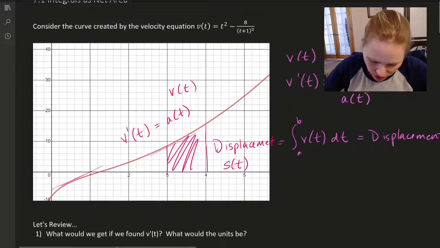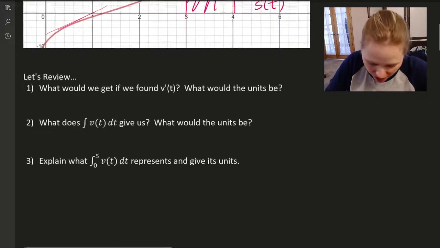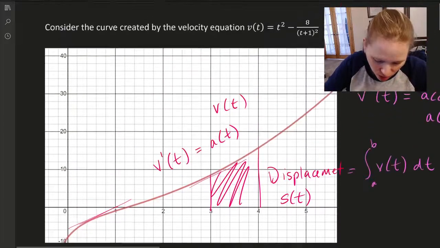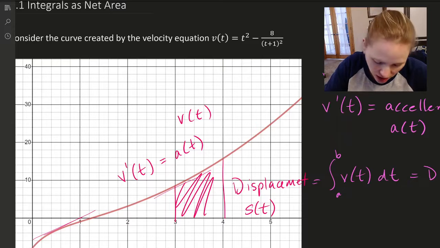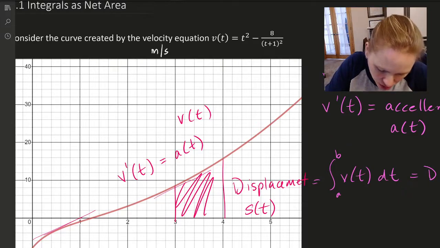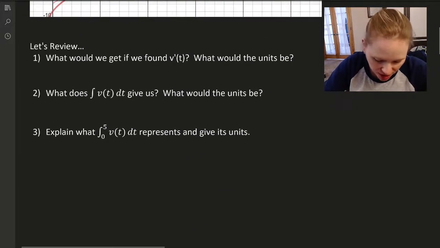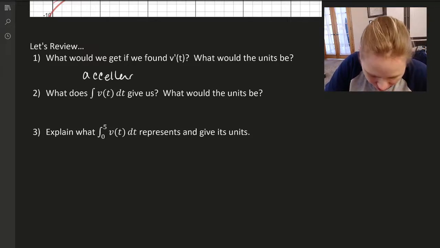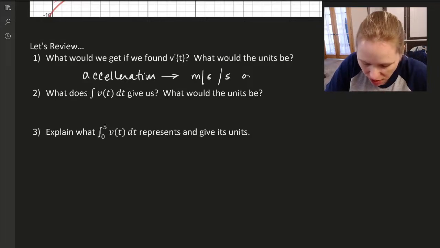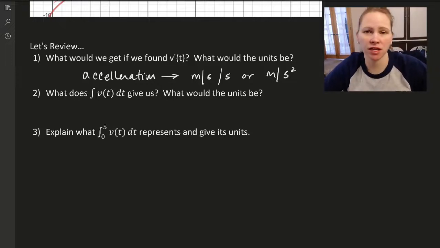Now that we've established some of these relationships, let's go ahead and record them. What would we get if we found v prime? If v is measured, and let's assign it some units, the velocity, we'll say it's meters per second, because it doesn't specify. If we found v prime, that would be my acceleration, and the units would be meters per second squared.